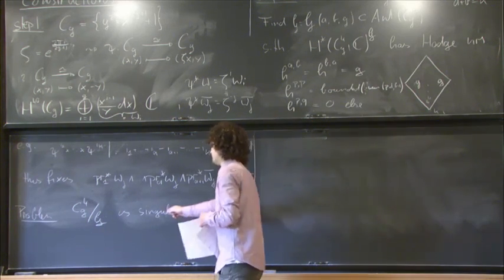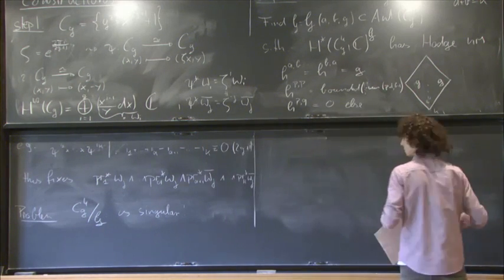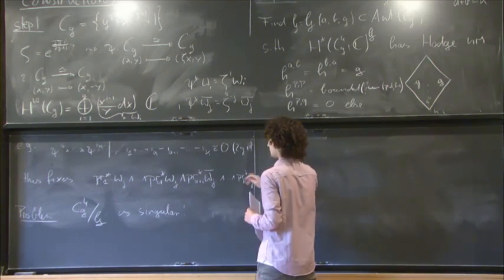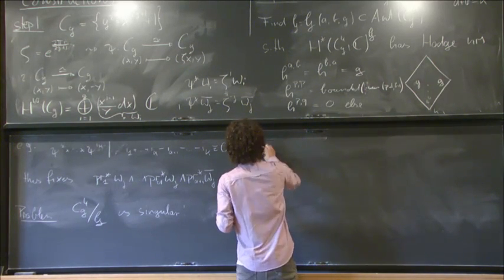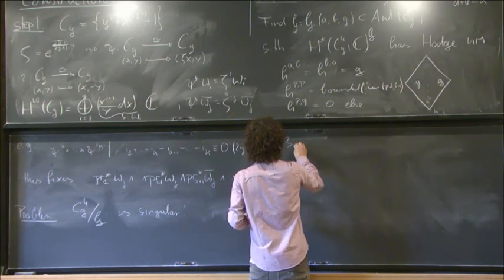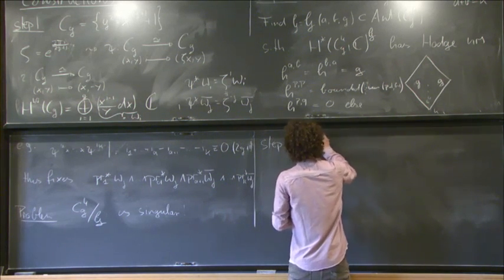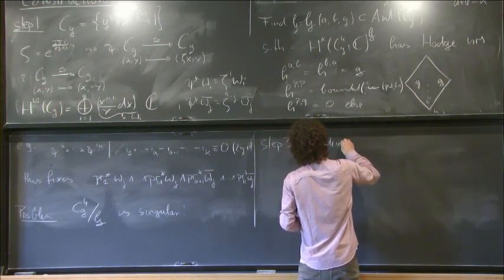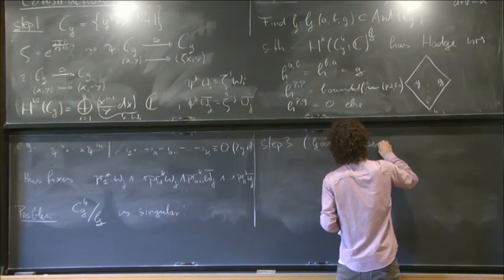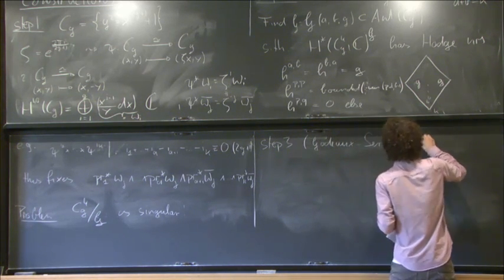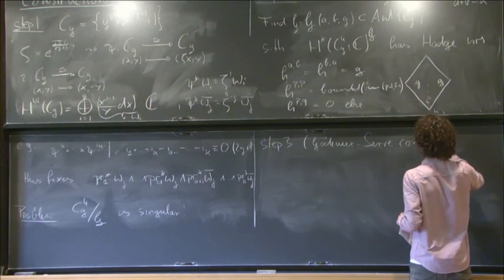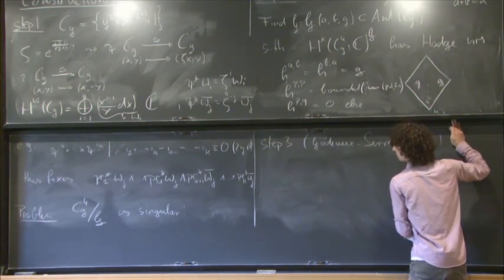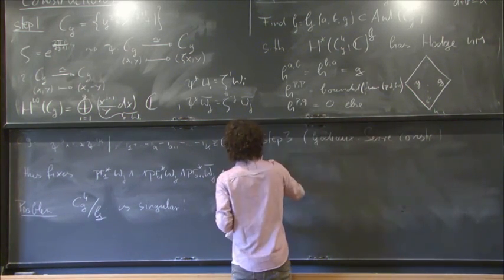I mean, that's one way, but we will only get something like this, and it's messy. So the third step is known as the Godeaux-Serre construction. It's the following lemma.